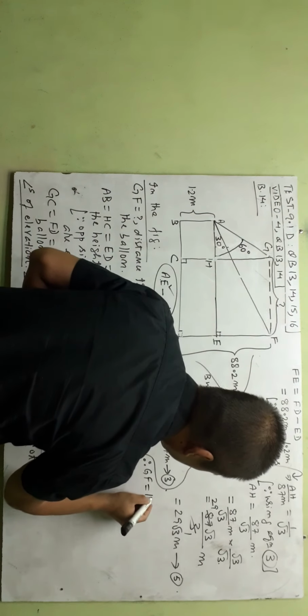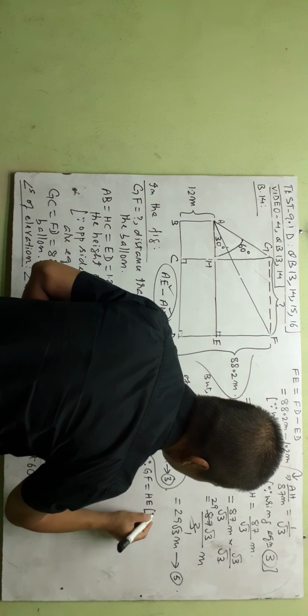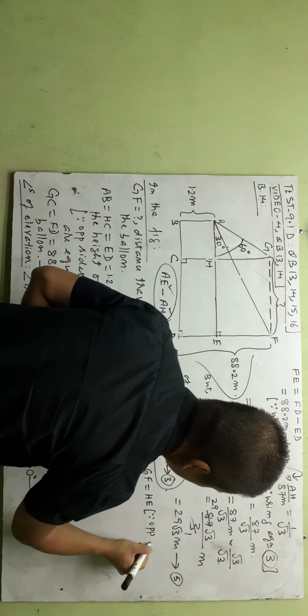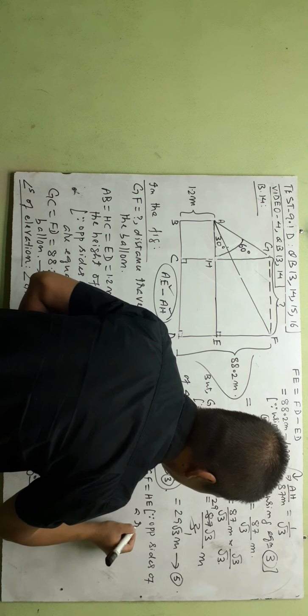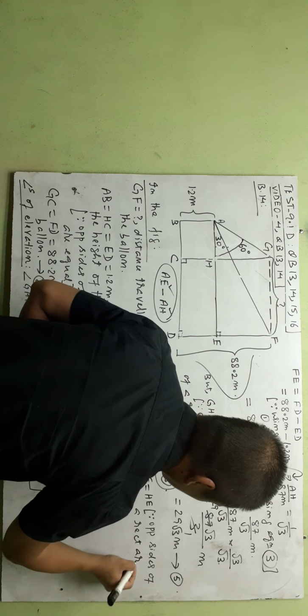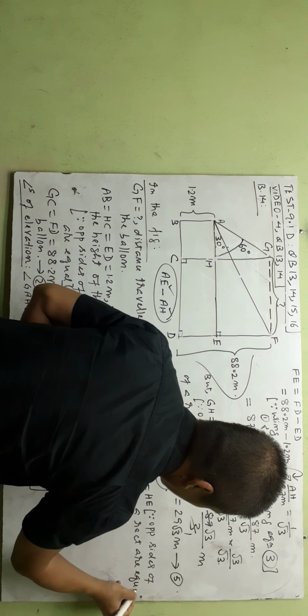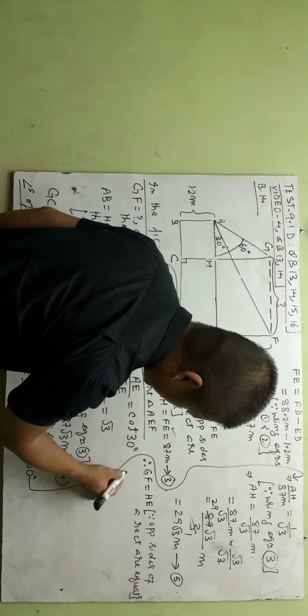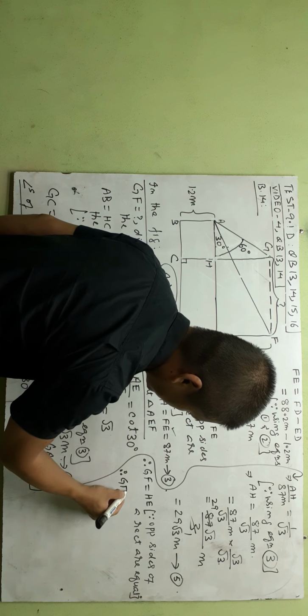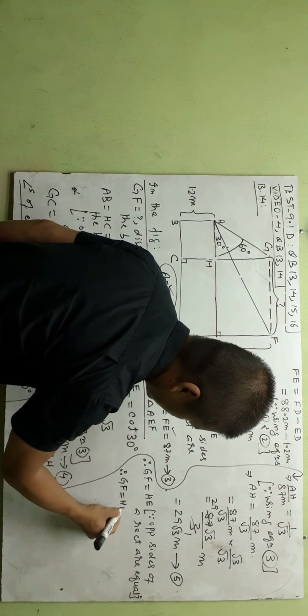Let us establish that first. And we know why this is, because opposite sides of a rectangle are always equal to each other. So if that is established, then we can write GF is equal to HE.